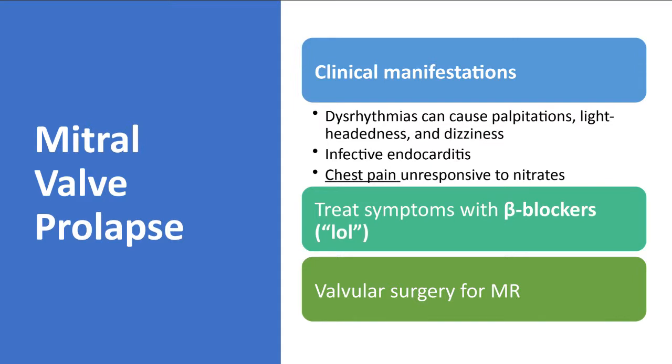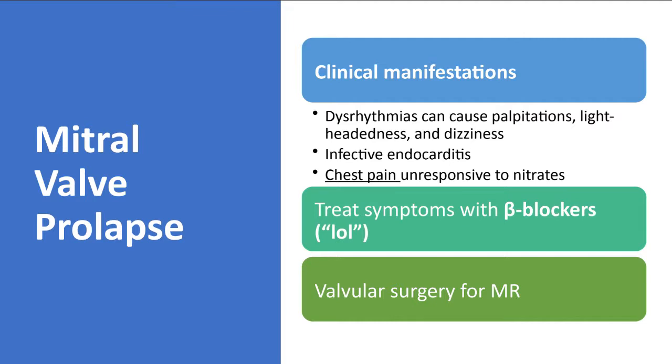So chest pain, we don't really know what causes that chest pain, but we have to be careful in these patients. Remember, we have a risk for decreasing cardiac output. So most of the time, these patients are unresponsive to nitroglycerin, and we always have to be really careful about using nitroglycerin in these patients as well.